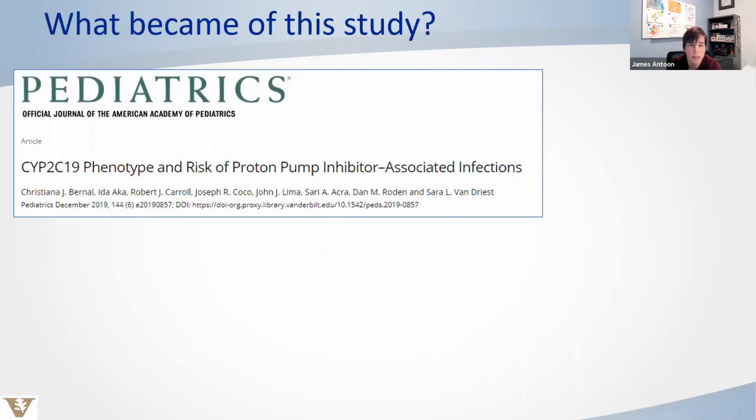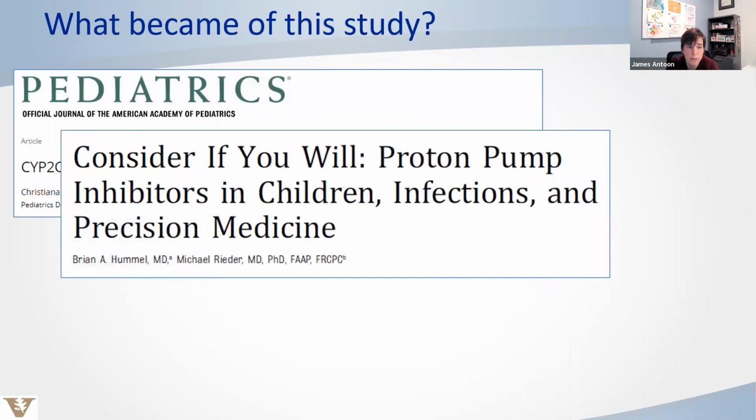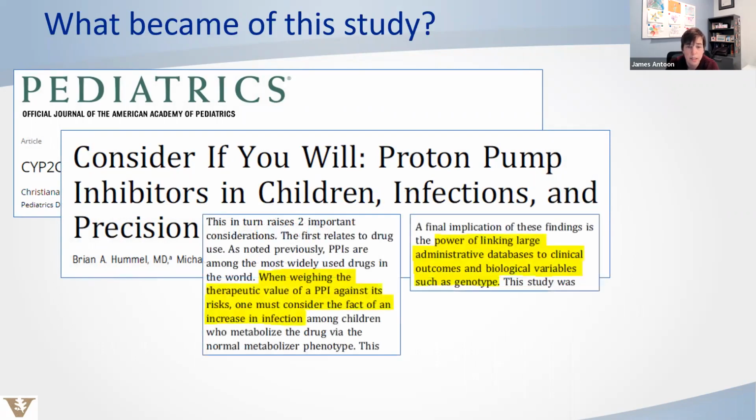So this study was published in the Journal of Pediatrics. And again, I think the interest came as much from the fact that we're finding a side effect from proton pump inhibitors as the genetic association. Next slide. It had a helpful editorial that went with it. Next slide. And the editorial points out that we need to consider that there is an increased risk of infection.